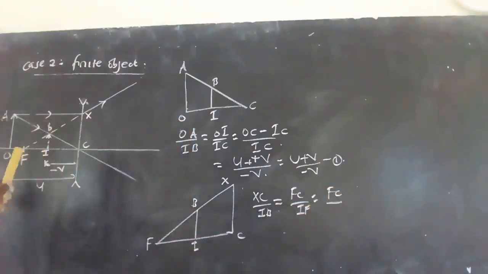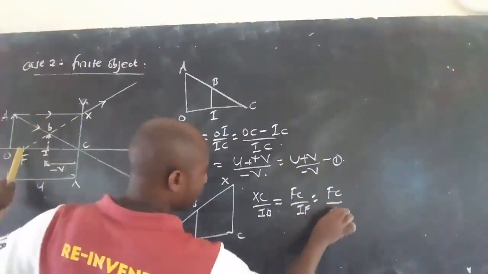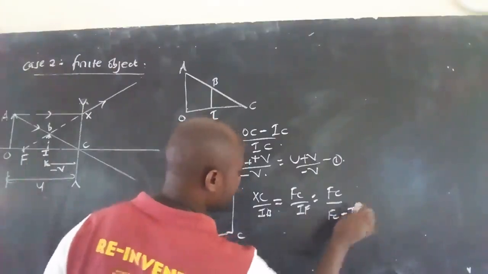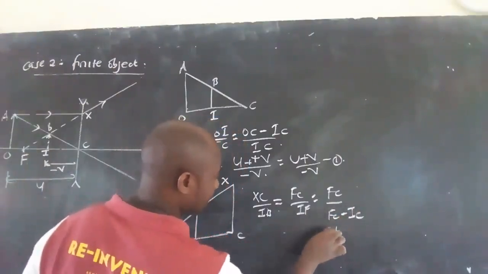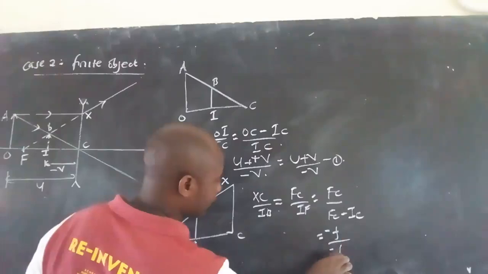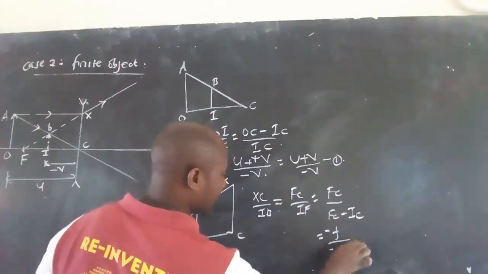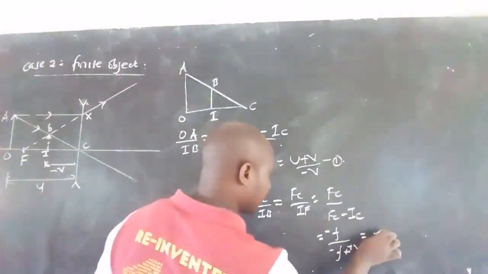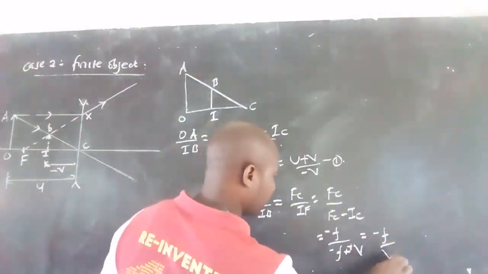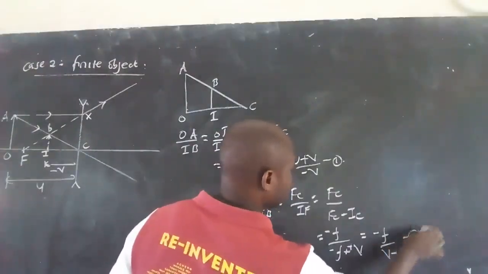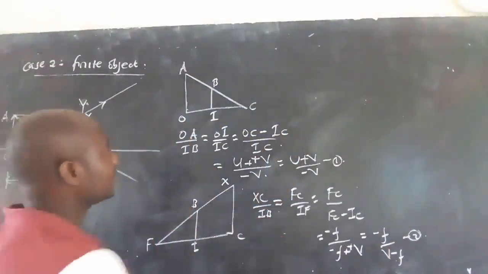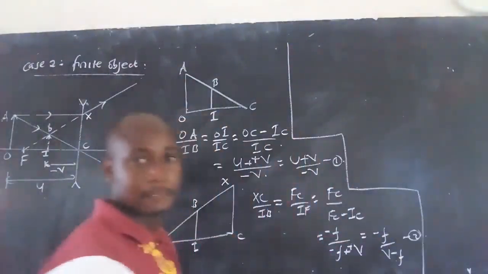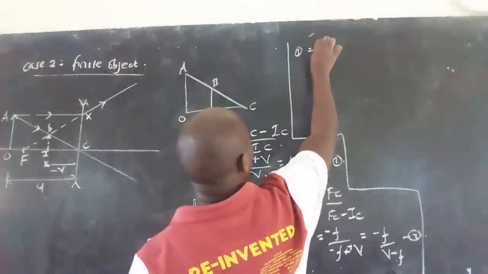Now IF is FC minus IC, which gives us negative F over negative F minus V. Okay? Which gives us negative F over V minus F. This is equation 2. So 1 is equal to 2.